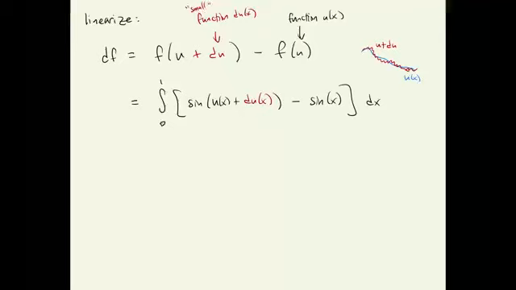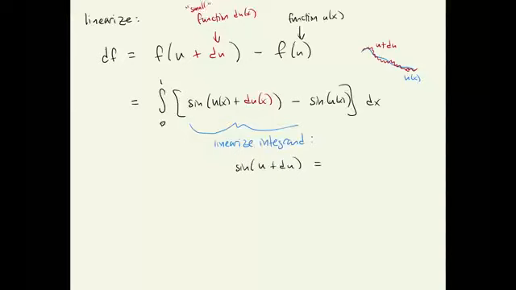So, of course, the point is, all I need to do is linearize the integrand. That thing, sorry, this is not sine of x, this is sine of u of x. Right? Okay, so I want to linearize this. What is sine of u plus du?